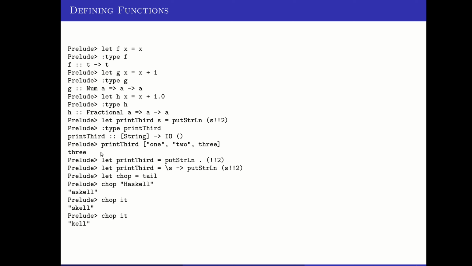If we are saying that print third, for instance, is going to be the result of composing these two functions, then we don't need parameters for it because those functions already know that they need to take parameters.